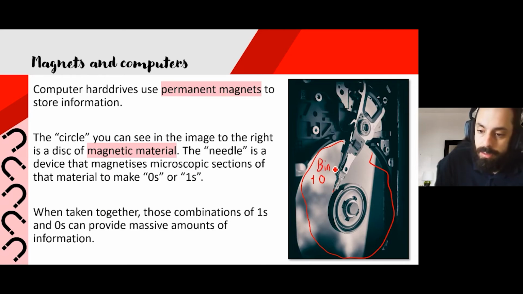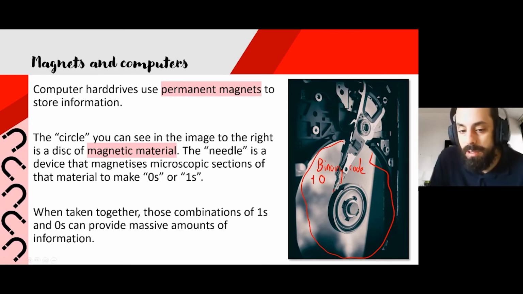You don't need to know this, okay? But this is what computers use to read and store information. Okay, computers work in binary code with 1s and 0s, and with that they can create and display massive amount of information.